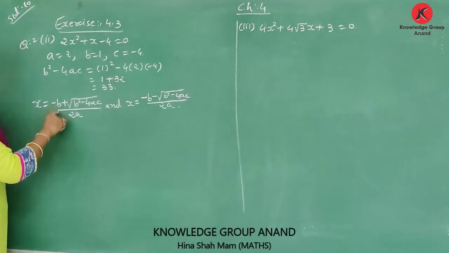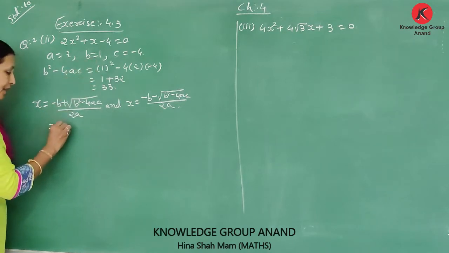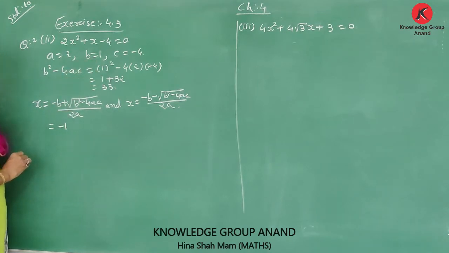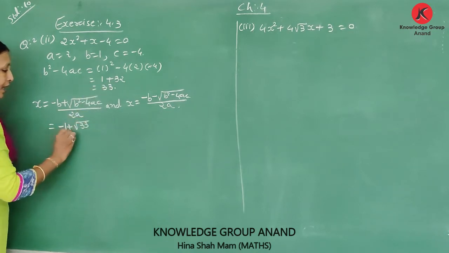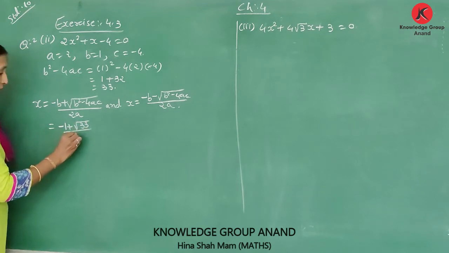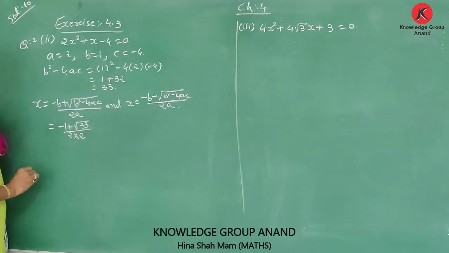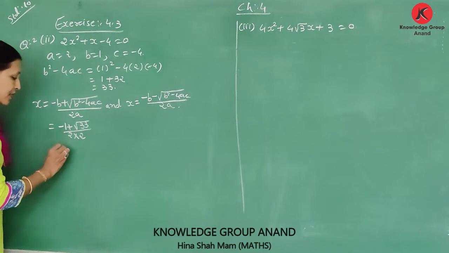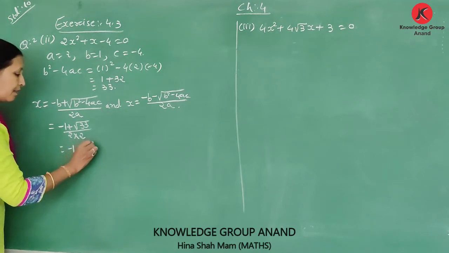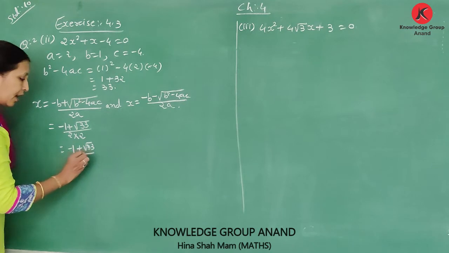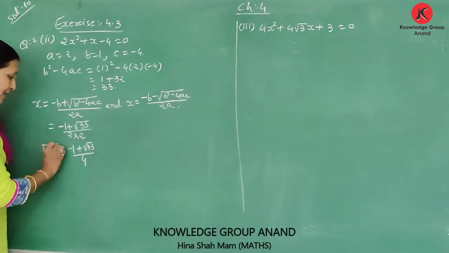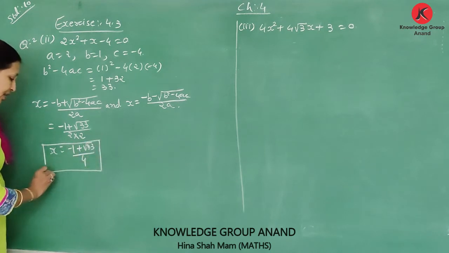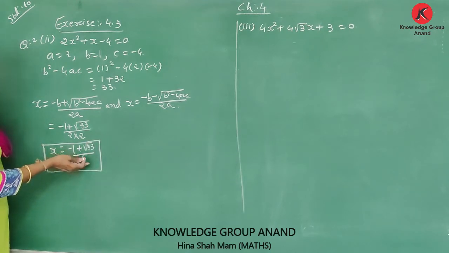Here minus b, putting the value b is equal to 1, therefore minus 1 plus under root 33 upon 2 into 2, equals minus 1 plus root 33 upon 4. So x is equal to minus 1 plus root 33 upon 4.